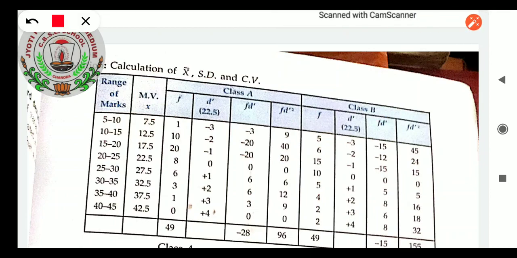Let us calculate. Mid value: 5 plus 10 divided by 2 is 7.5, 10 plus 15 divided by 2 is 12.5. Mid values are calculated. In the same way the frequencies are given in the question. Then d dash, x minus mean. What is the mean? Mean equals sum of fx upon n.